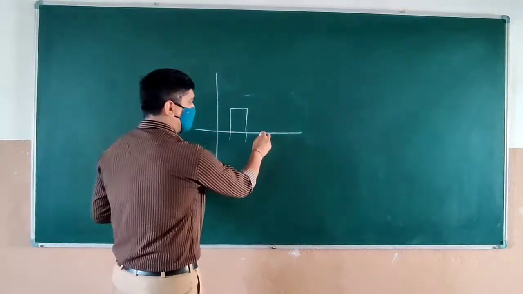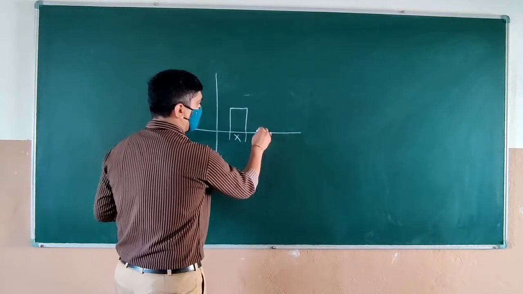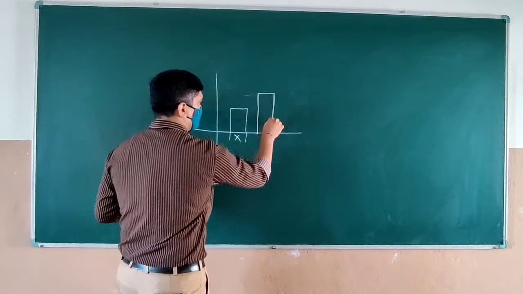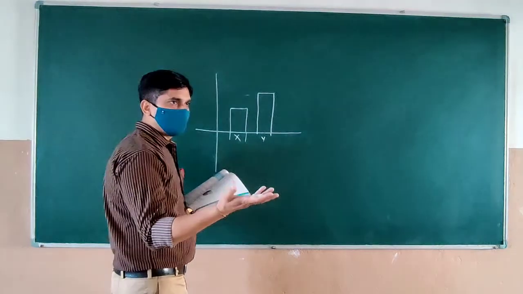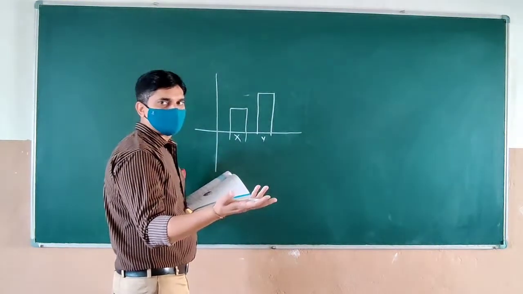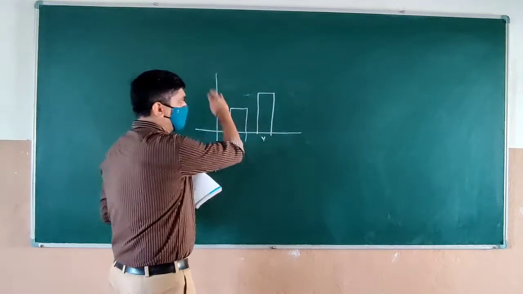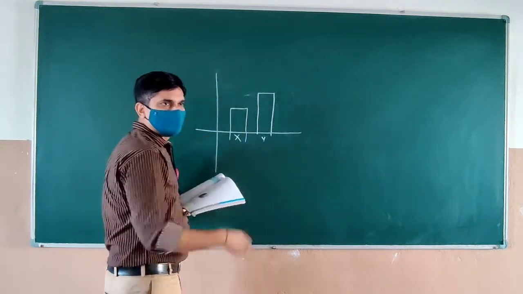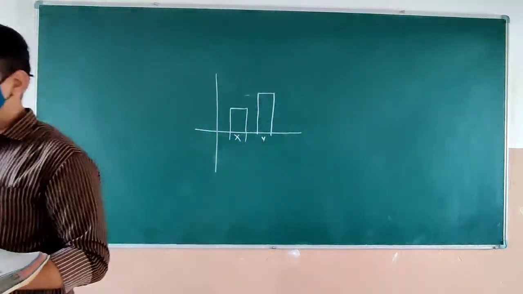Company X, company Y produced 10 cassettes. 5 companies, no? There are only 5 companies. Number of cassettes will be different, on the y-axis. So will it be histogram? No. It is not histogram.